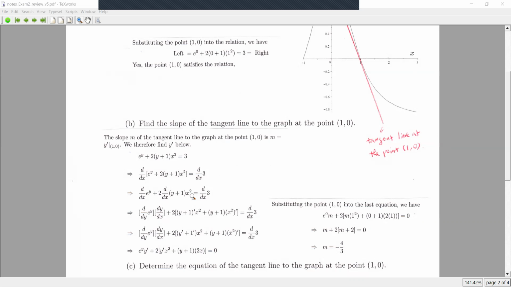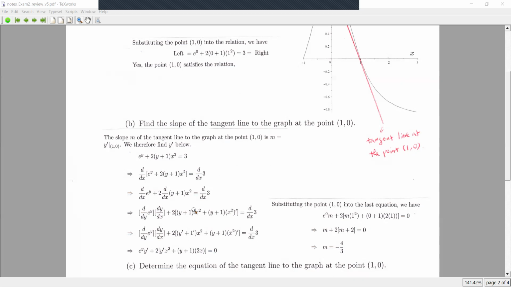By the product rule, this derivative is equal to the derivative of the first function, y plus 1, times the second function, x squared, plus the first function times the derivative of the second function.